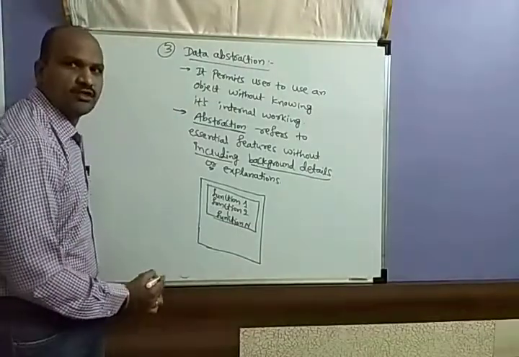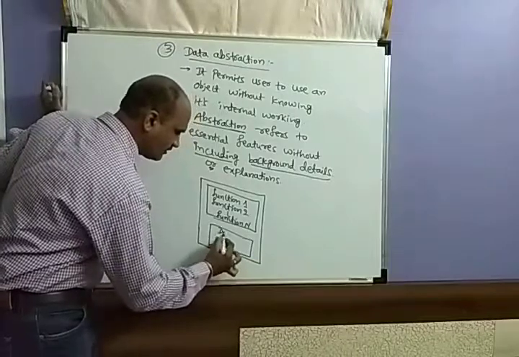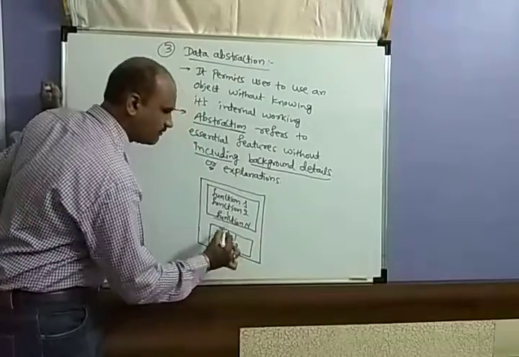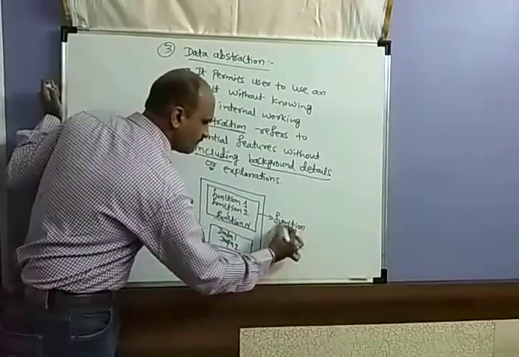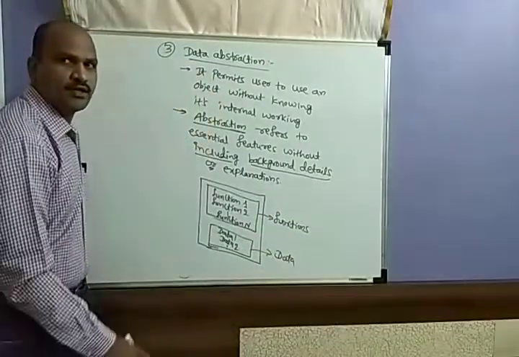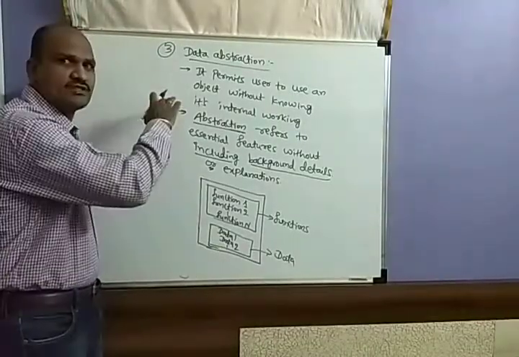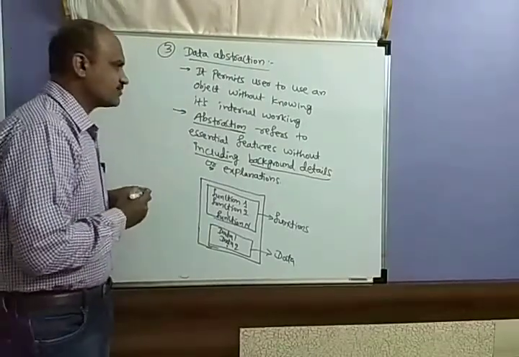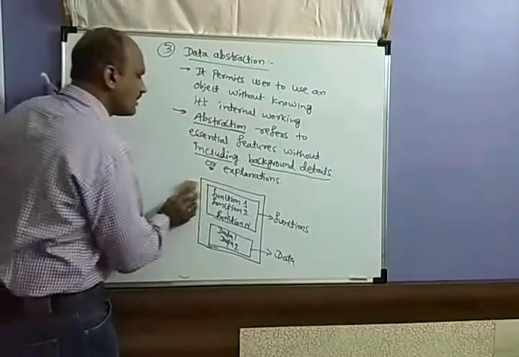And also the data: you can have a number of data, data 1, data 2, like this. So this includes the functions and also the data. So when you go to the classes, which refer to data abstraction, that refers to the essential features without including the background details or explanations.